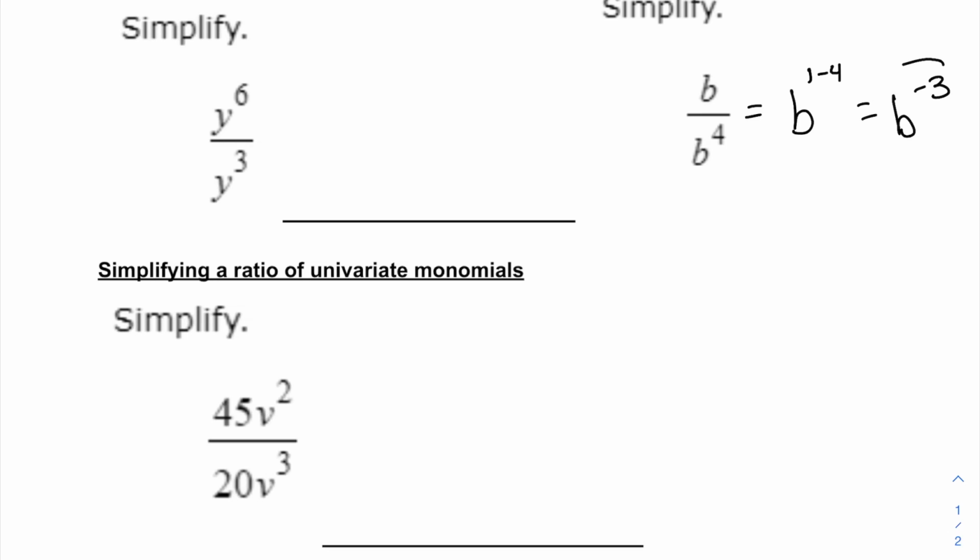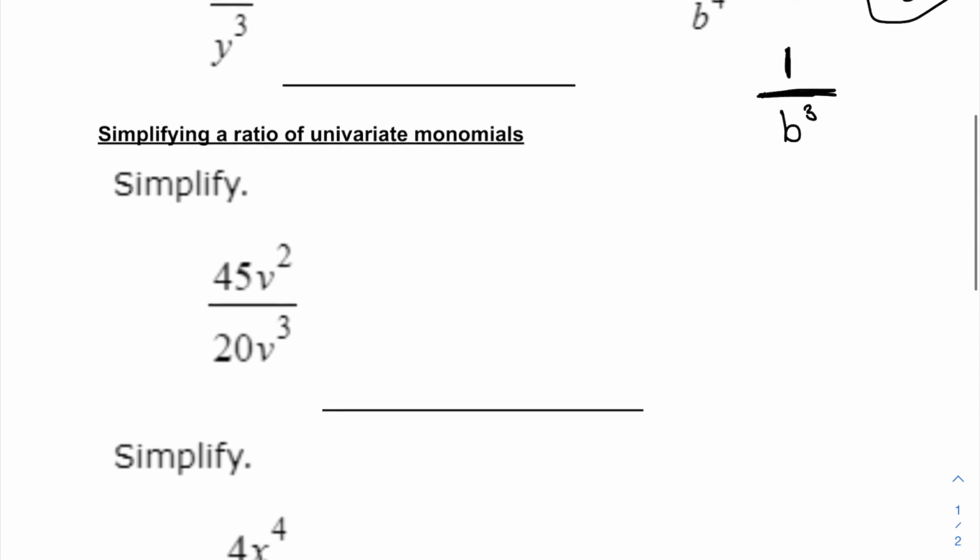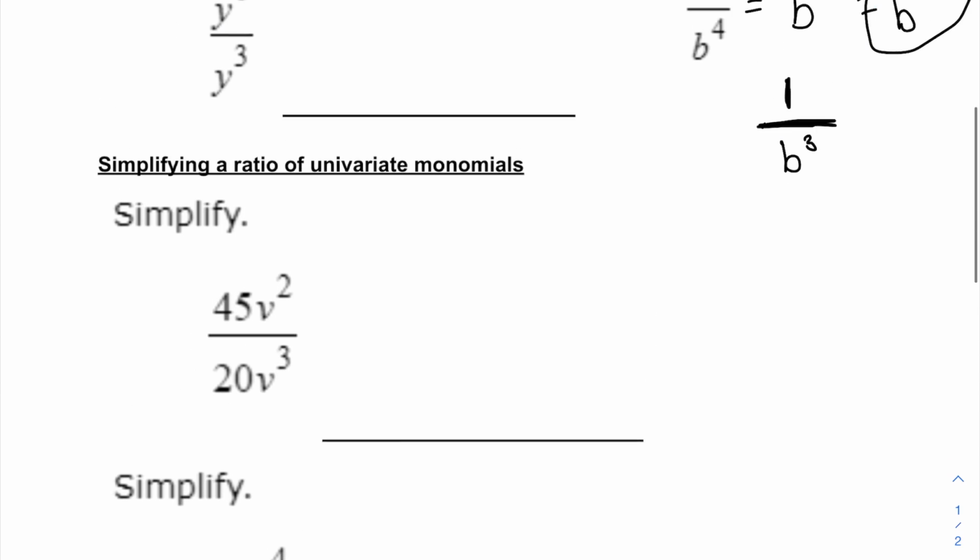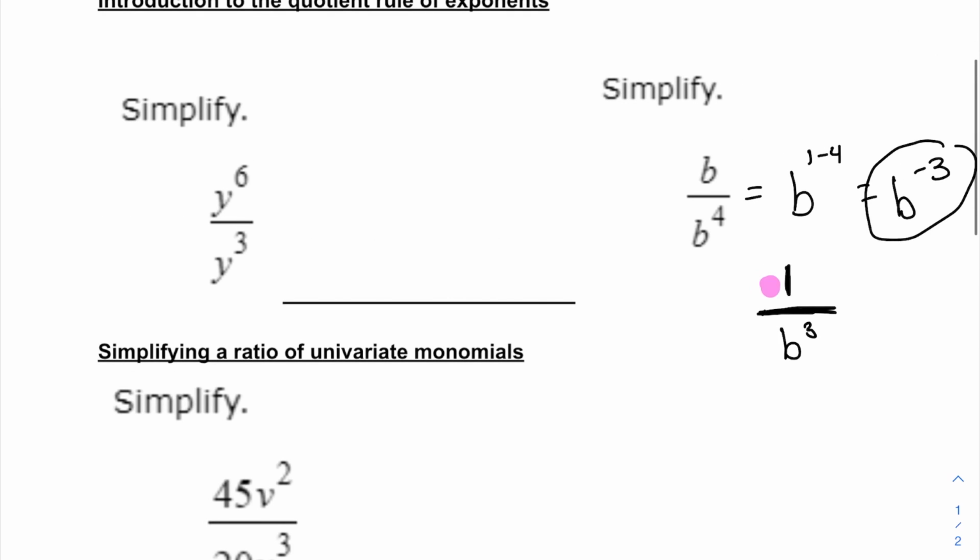So to fix that, we're going to have to go into our negative exponents rules and say, okay, well, we're going to have to move that to the bottom. So I'm going to draw my fraction line. That b goes to the bottom. That 3 becomes positive. And since we don't have anything left on top, we'll just write a 1 there. That's it. That's our answer for that one.